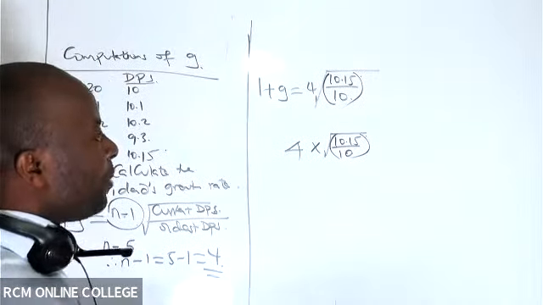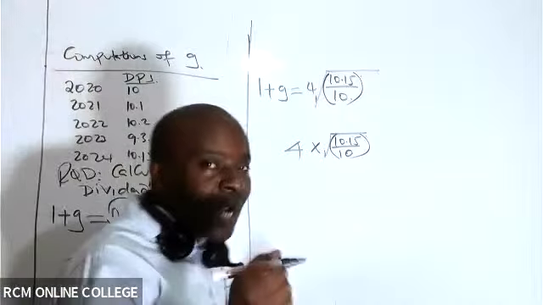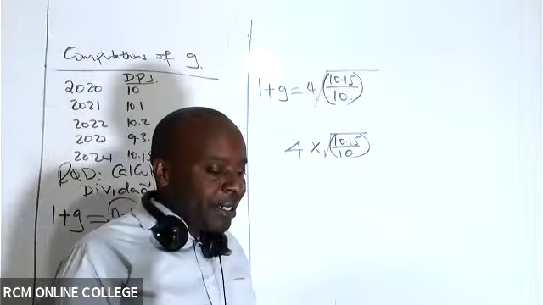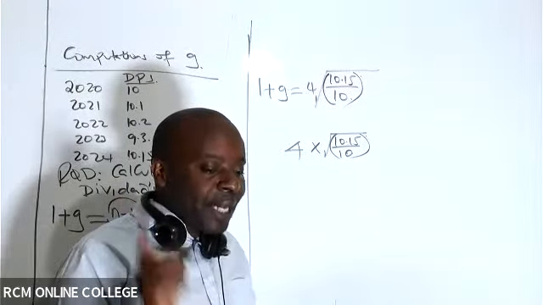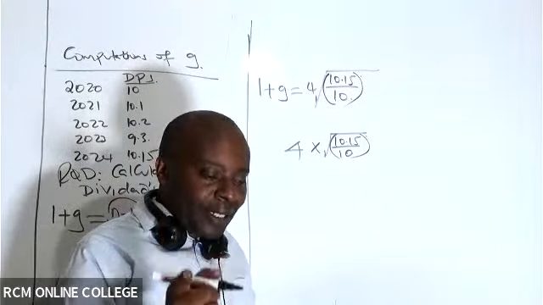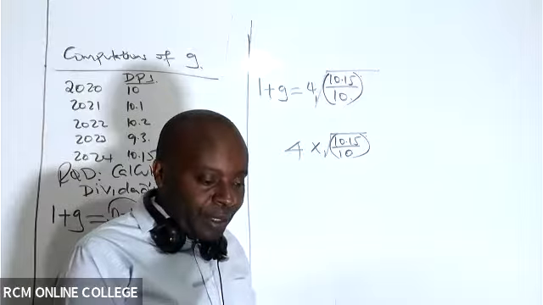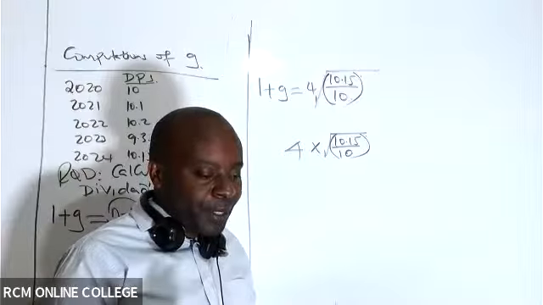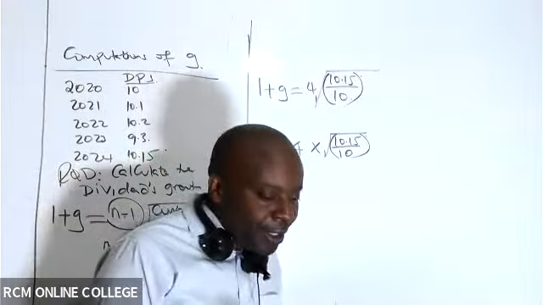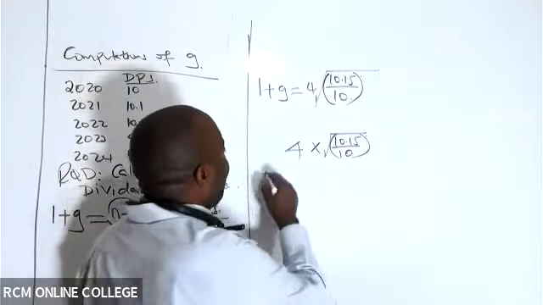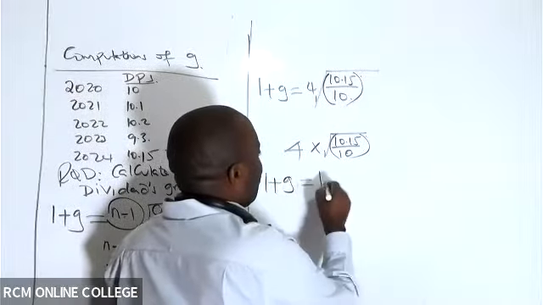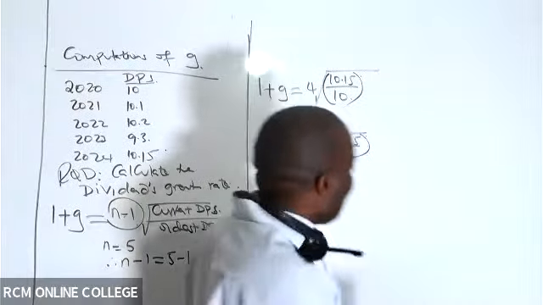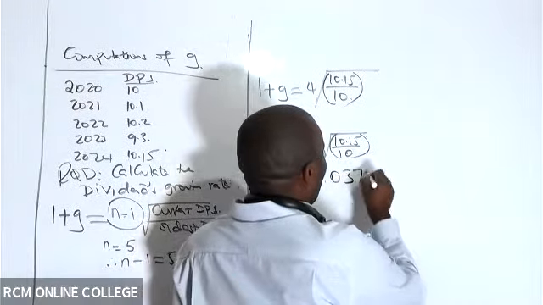So is there somebody who is able to give me this? Remember, if you're very keen, you will be able to see x root in your calculator, on the pad there. The calculator is giving me that 1 plus growth rate equals 1.0372.